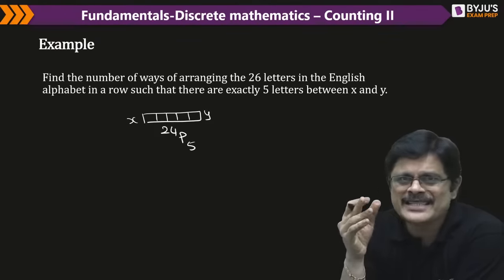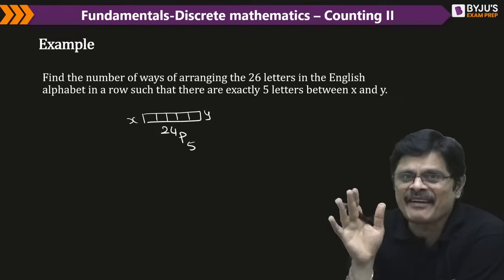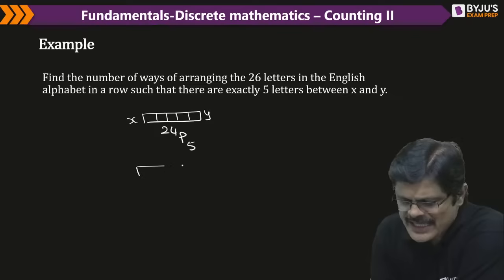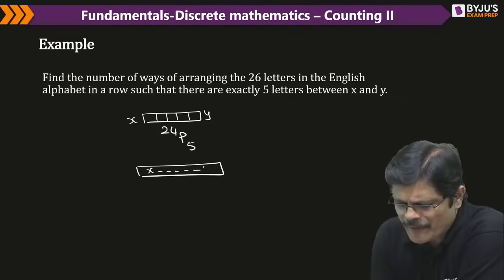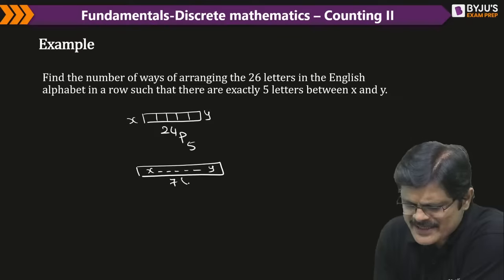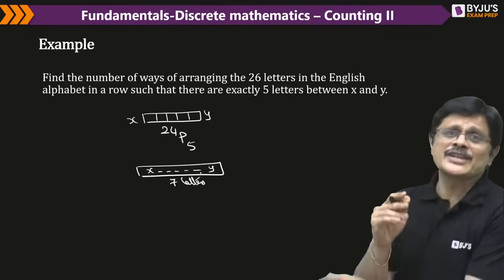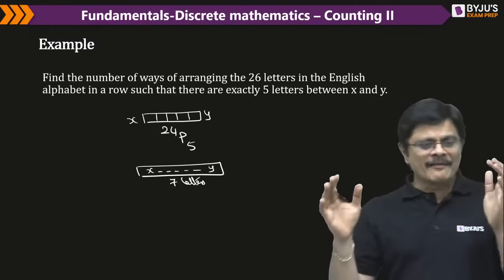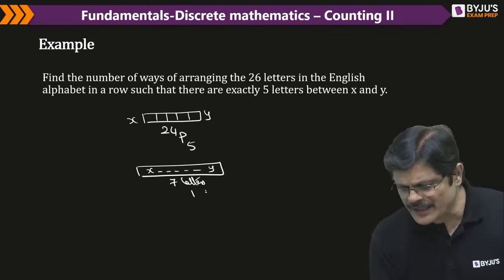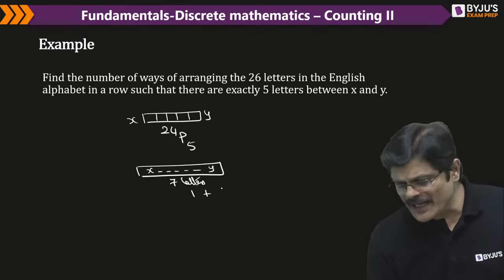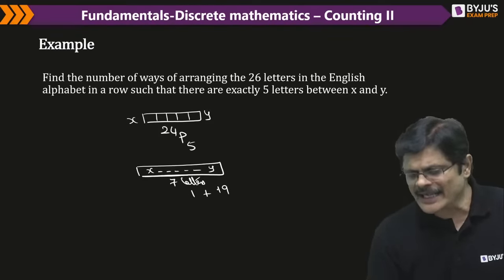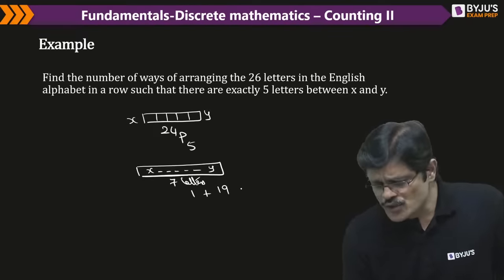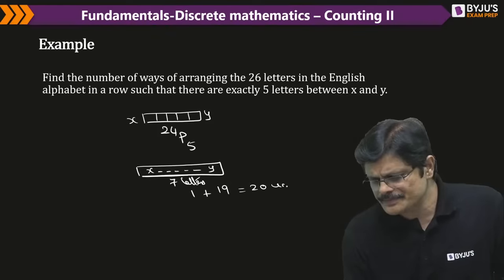So, 5 plus X, Y, 7 letters are already fixed. So, this X, Y together with these 5 letters, 7 letters, always should come together. So, it is 1 unit. Other than this, how many are there? 19 units. So, totally there are 20 units.